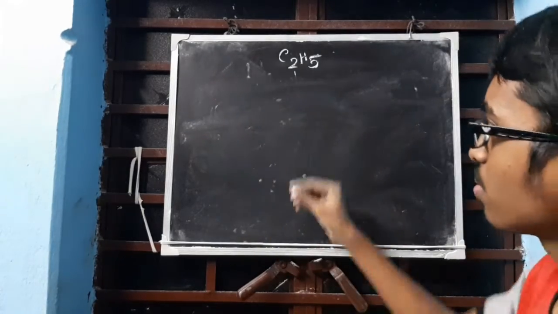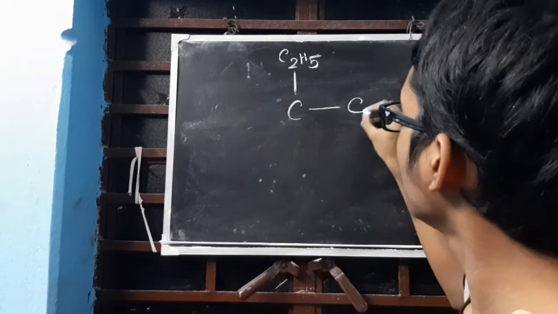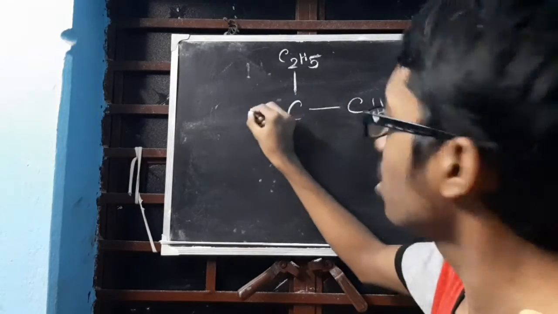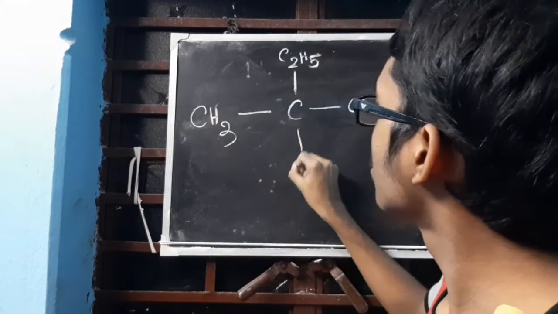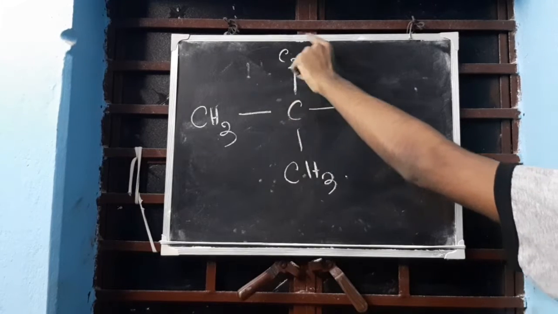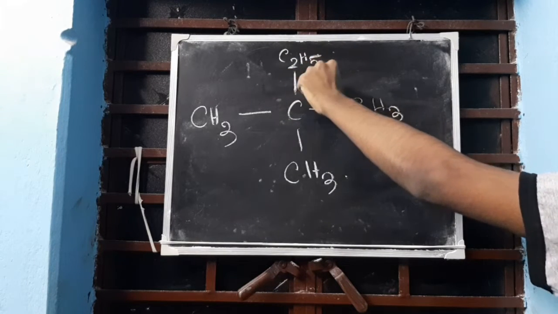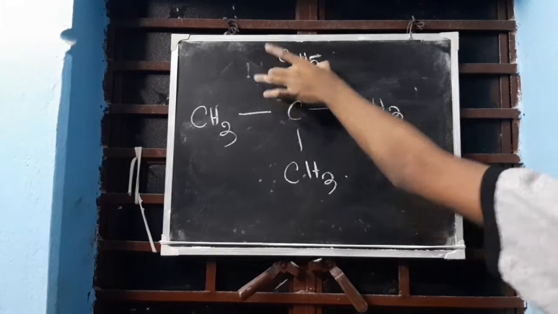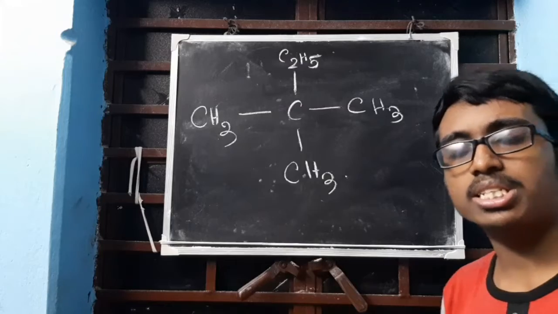Modifying one short part of the question. Okay, C2H5. Here one carbon was supposed to be there. Here CH3 was supposed to be there. Here also CH3 was supposed to be there. Here also CH3 was supposed to be there. Correct? Now I have just modified this part. We have not written a CH3 over here, but instead we have written another thing, that is ethyl, C2H5. Now what changes can you get?